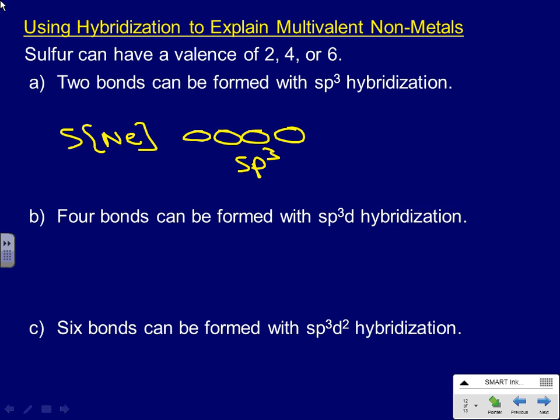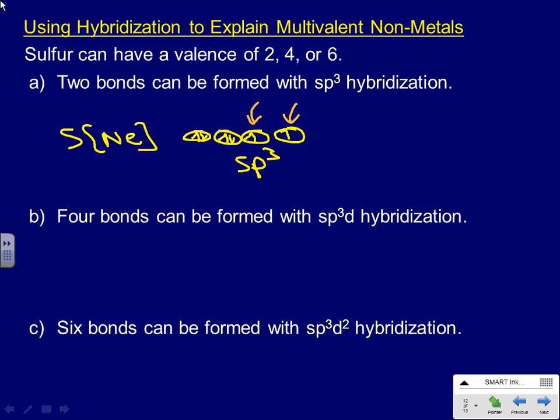How many valence electrons in a sulfur? 6. Because we're not using those other Ds, they're way up there in the higher energy, it's going to go in 1, 2, 3, 4, 5, 6, which means it can form a bond here and a bond there.